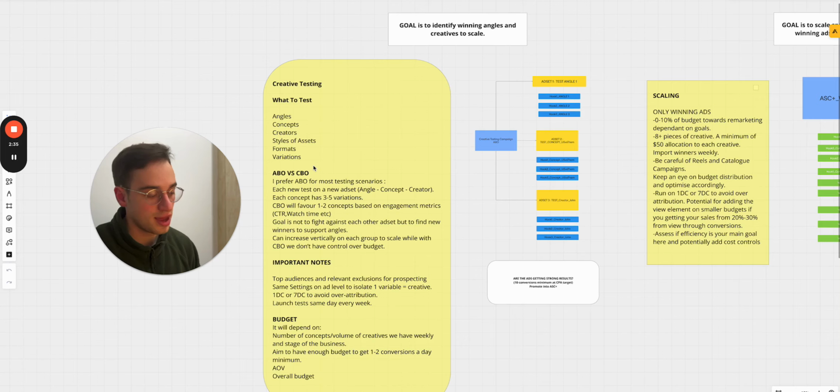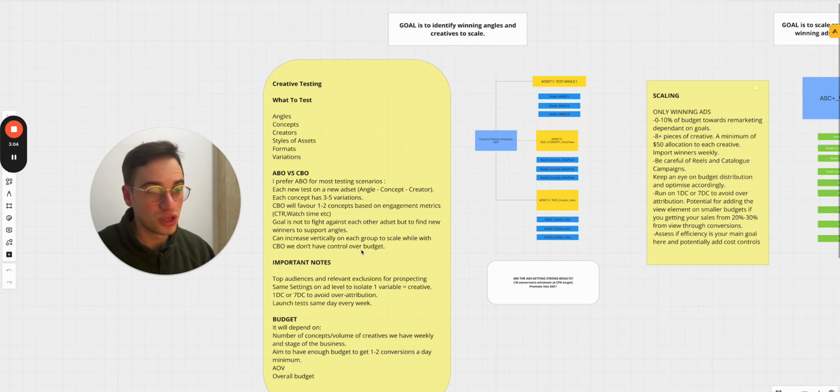CBO can be tricky to scale or to get meaningful data from, because Meta can favor one or two ad sets and give them all the budget, just because of some engagement metrics like very strong click-through rate, watch rates, and all this kind of stuff.